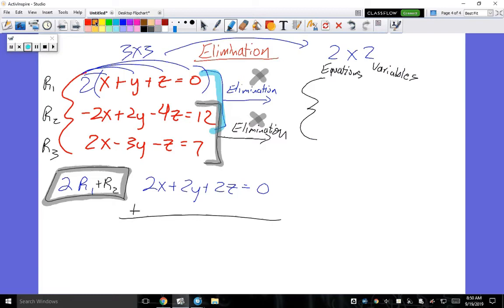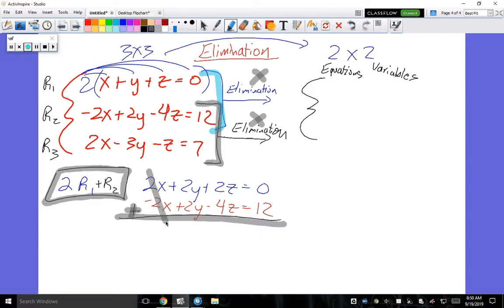Did the second row change? Did I multiply that by anything? No. Okay. So I'm going to write it down here as negative 2x plus 2y minus 4z is equal to 12. And remember, with elimination, you are adding these two together. And what did we just eliminate?